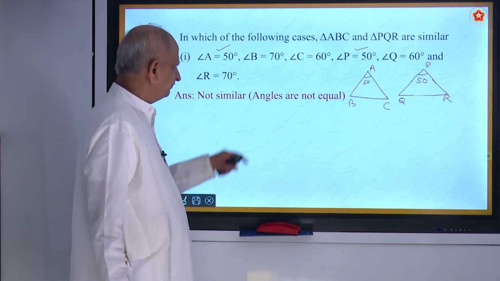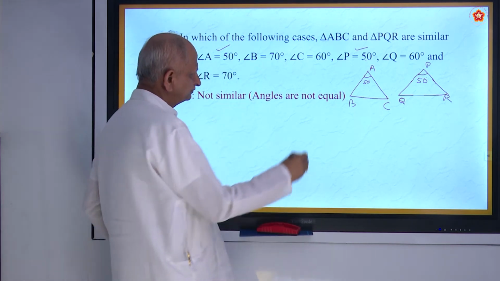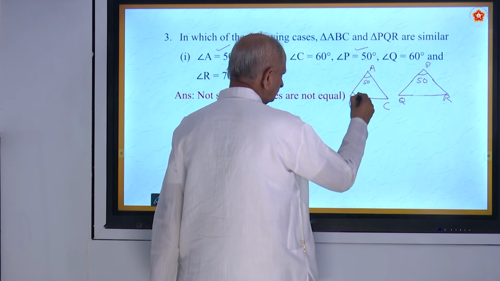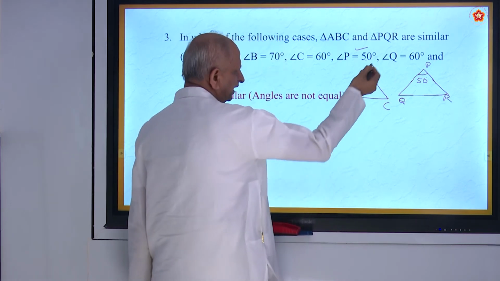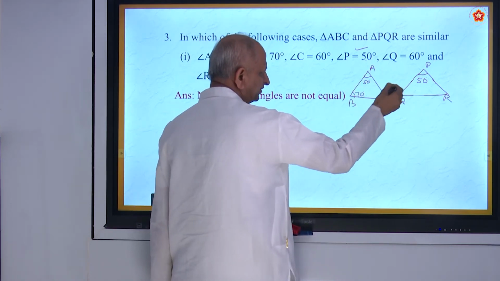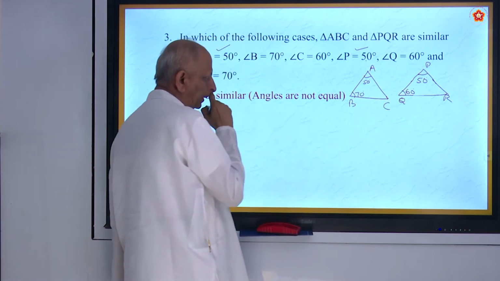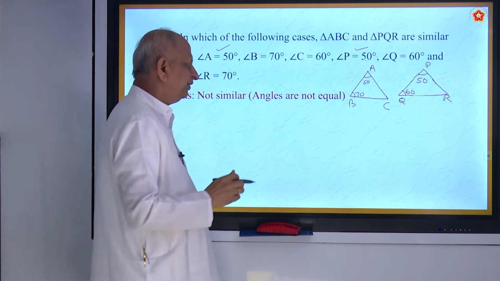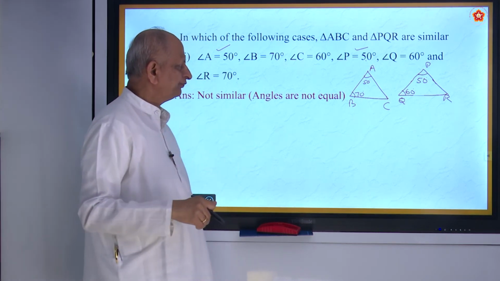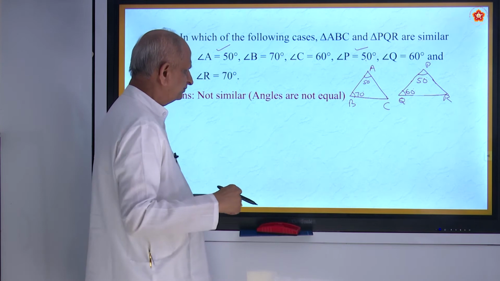Now the second angle, angle B is 70. Here angle Q must be 70, but it is given as 60. Therefore, angle B is not equal to angle Q. Therefore, they are not similar.